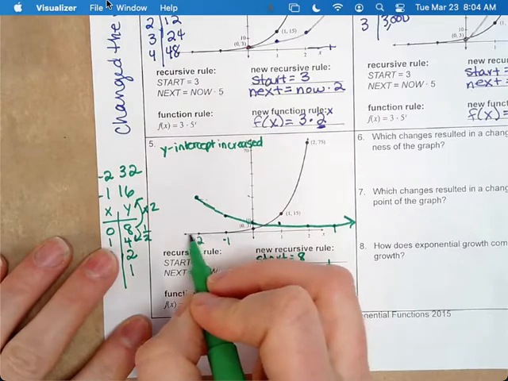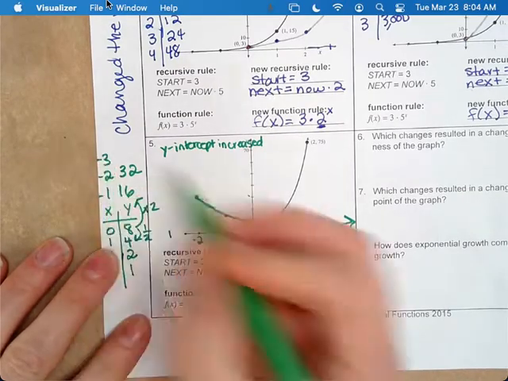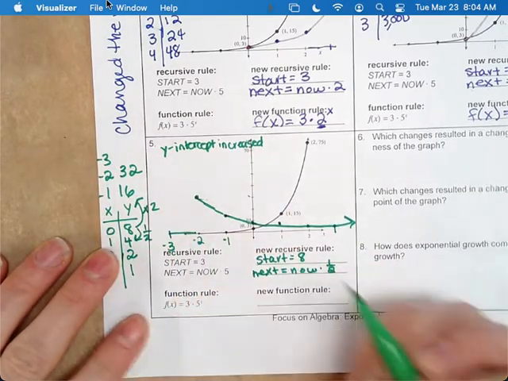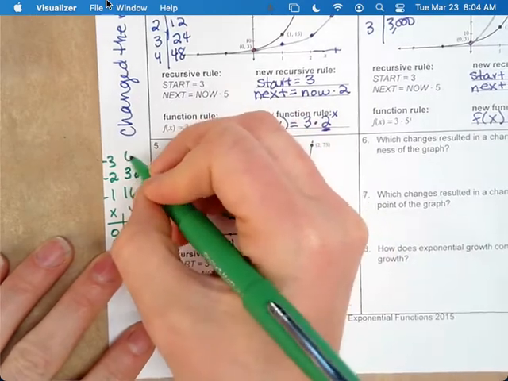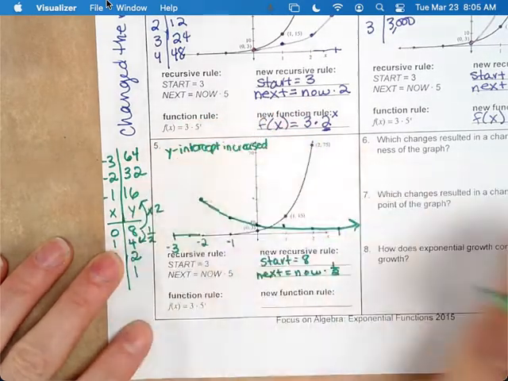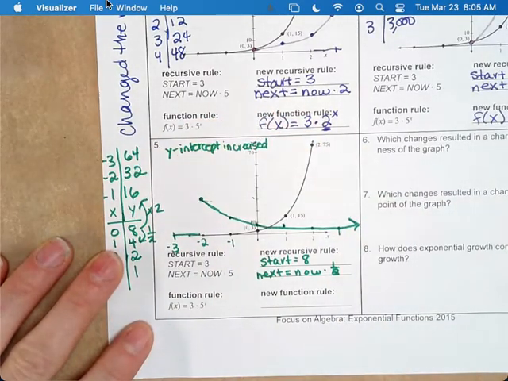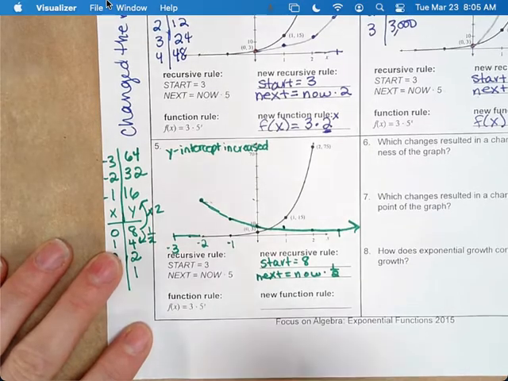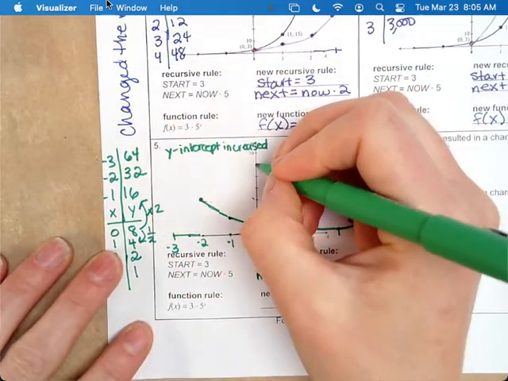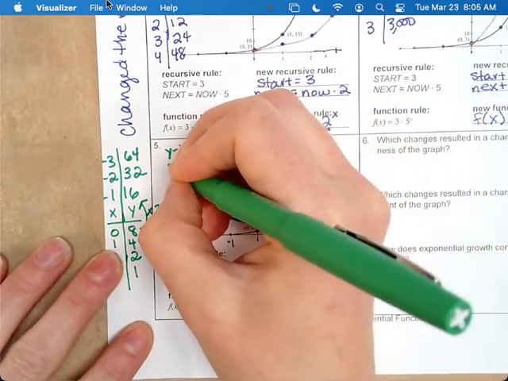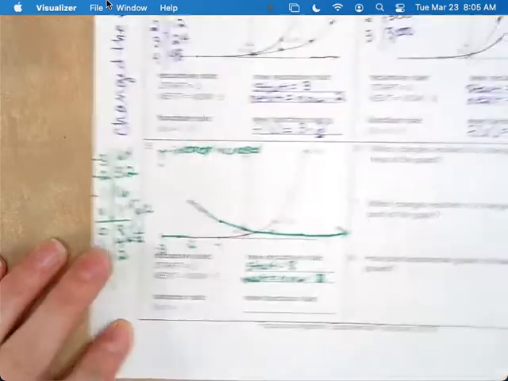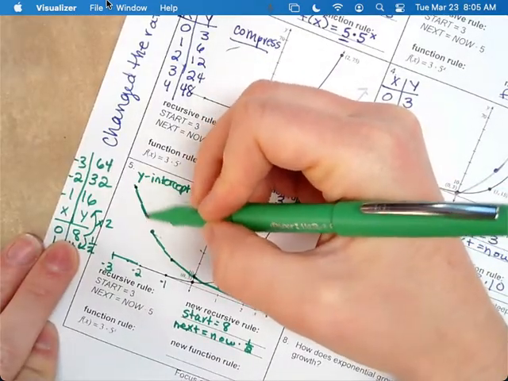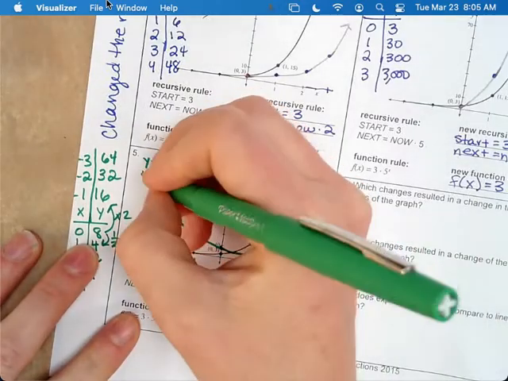What would be the next one? The -3. 64. Do y'all know how we're getting that? Instead of halving, we're doubling to go the opposite way. So that would be 64. So 64 would be right about there. I'm going to put a little arrow.